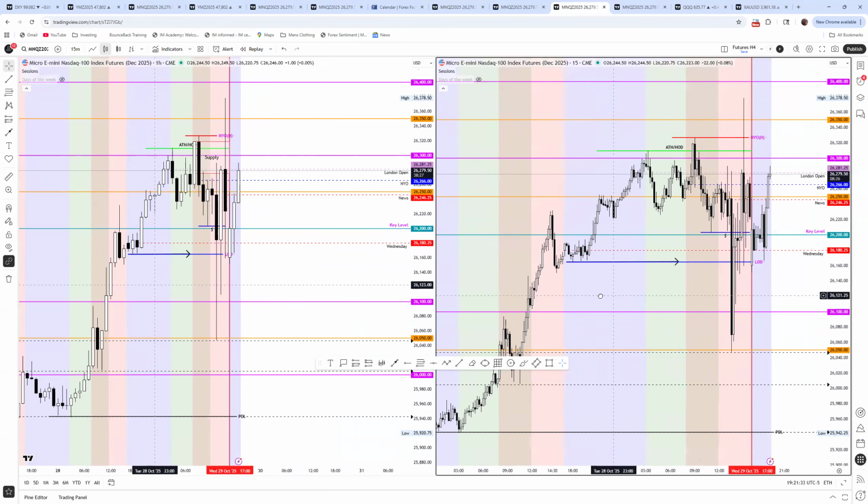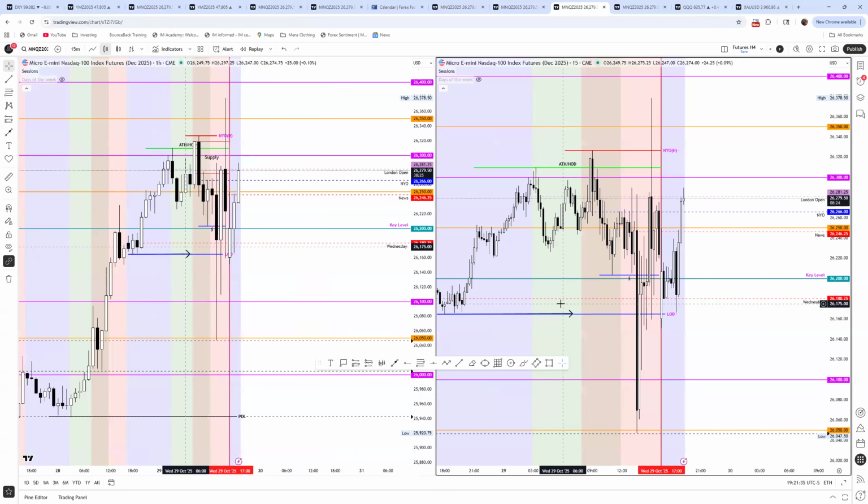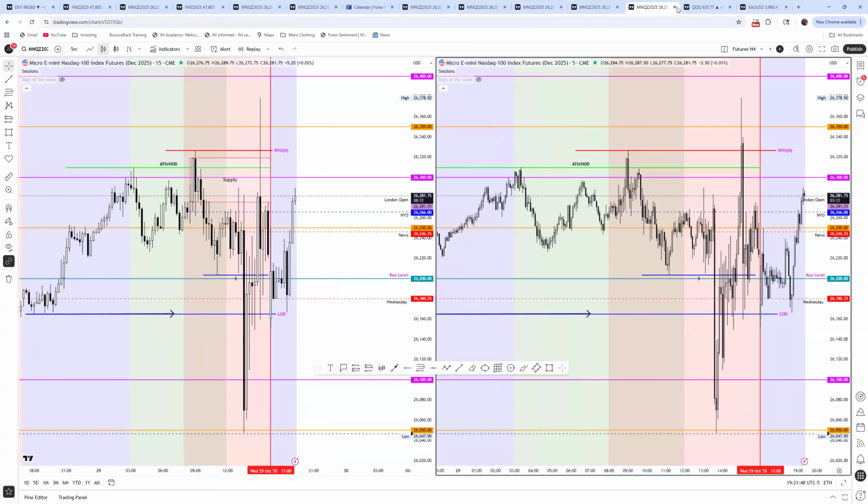Now when you go into the New York Open, this is what you would have seen. I'm going to show this from a smaller time frame perspective as well, so we'll do the 15 and 5, and put them all here at the end.